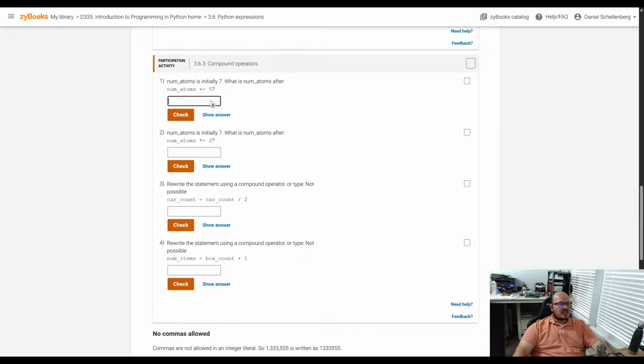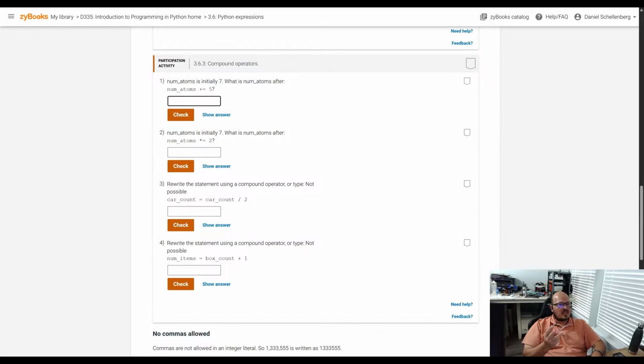Num atoms is initially 7. So was it saying that num atoms was initially 7? Oh, okay. So now it's saying, what is num atoms after?